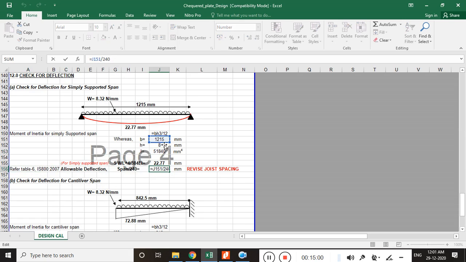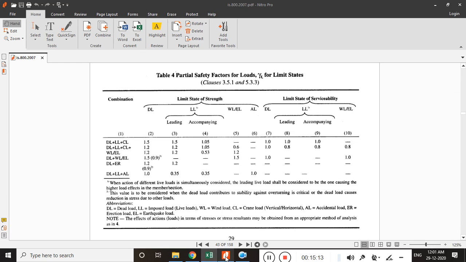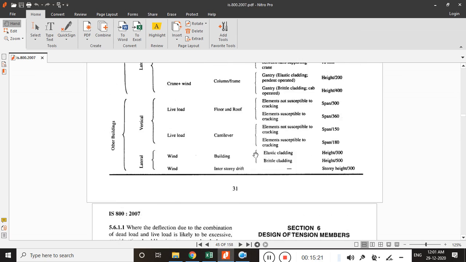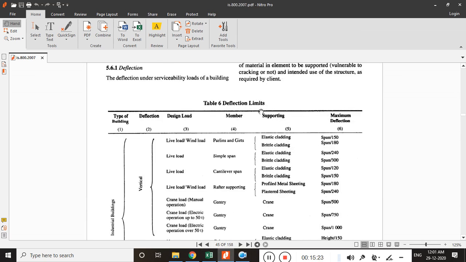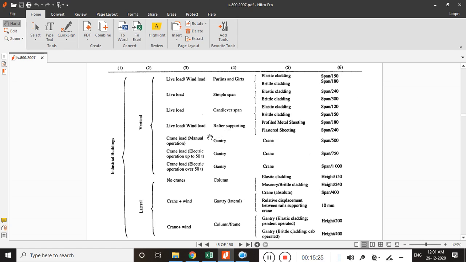The span is 1215 divided by 240. This allowable deflection value comes from IS 800, in Table 6, the deflection limits.